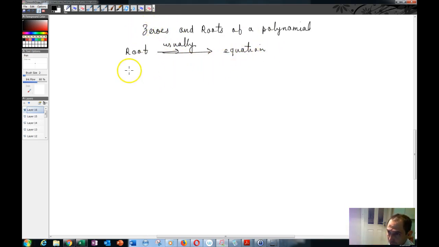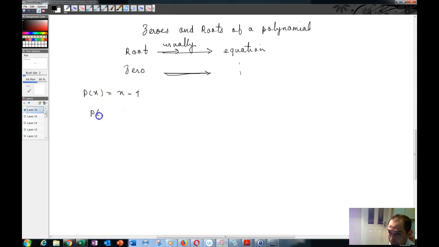But the word zero is used a little bit differently, and I will show what I mean by that in a simple example. So consider, for example, the polynomial p(x) = x - 1.